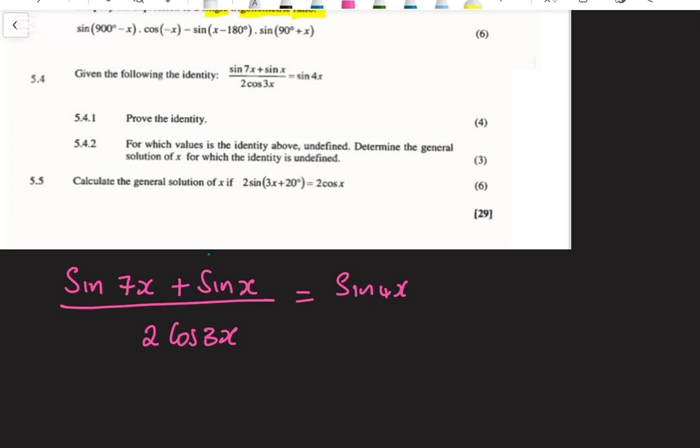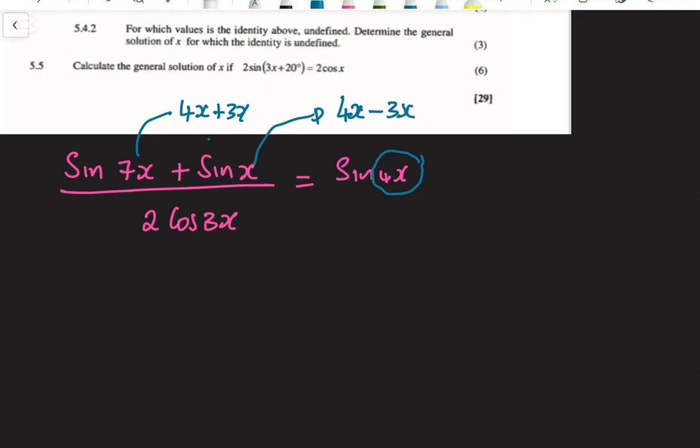So now what is it that will guide us here? So we need to try and express the angles in terms of these 4x. And 7x can be written as 4x plus 3x. So this x can be written as 4x minus 3x.